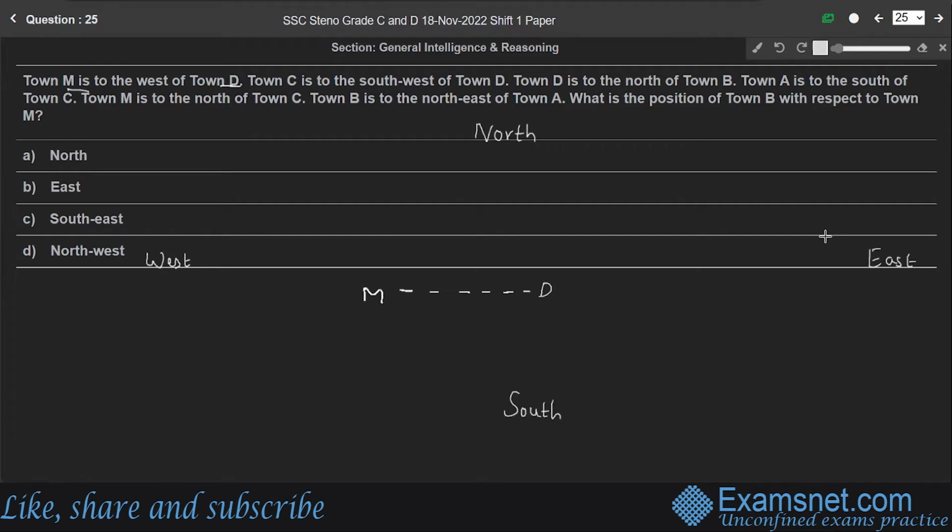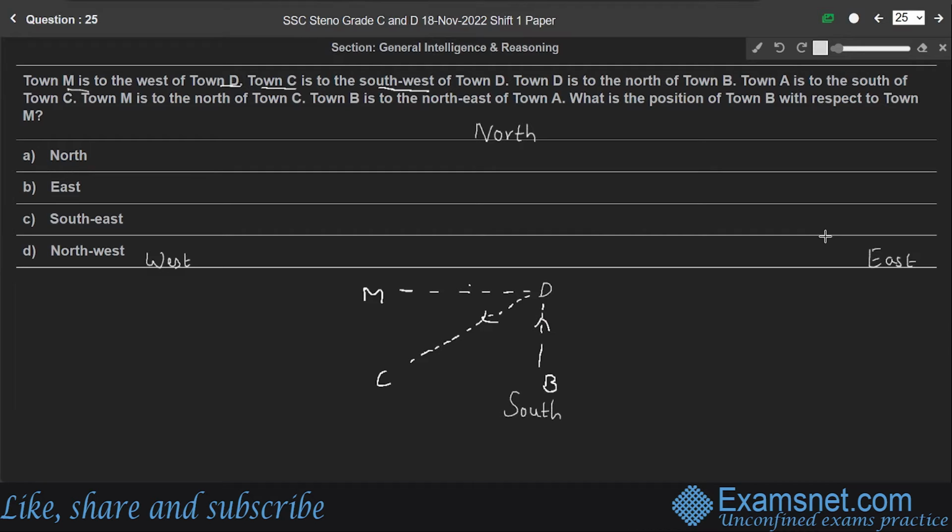Next point, town C is to the southwest of town D. Southwest means in this direction. Town D is to the north of town B, so we can consider town B here, because town D is to the north.